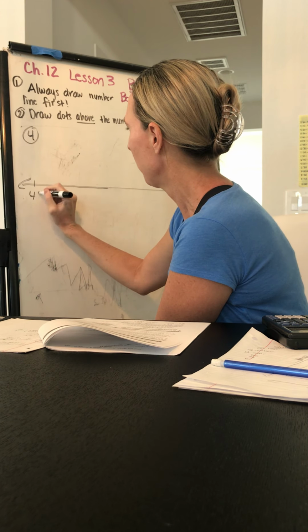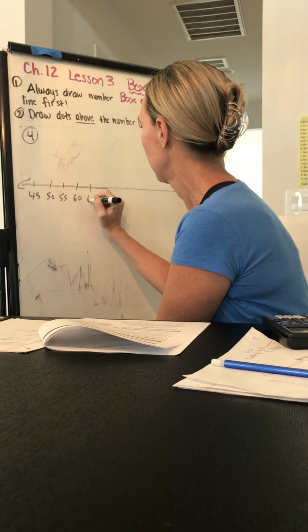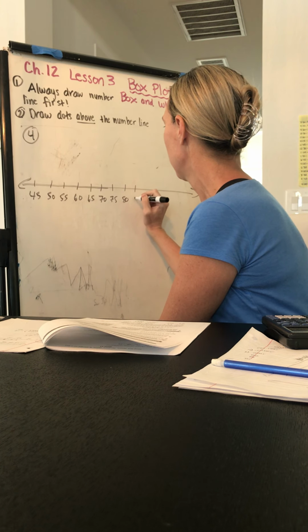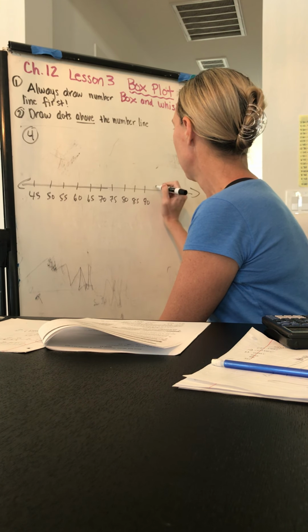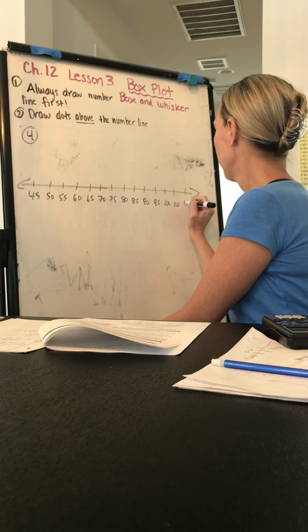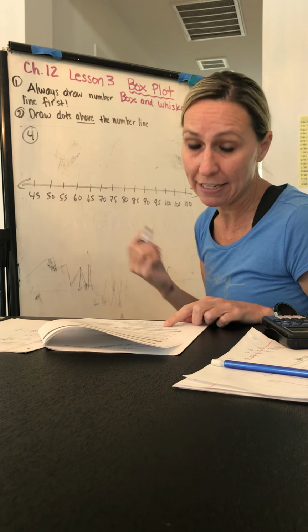So we have 45, 50, 55, 60, 65, 70, 75, 80, 85, 90, 95, 100, 105, 110. Okay, so there's our line, and then they give this to you.